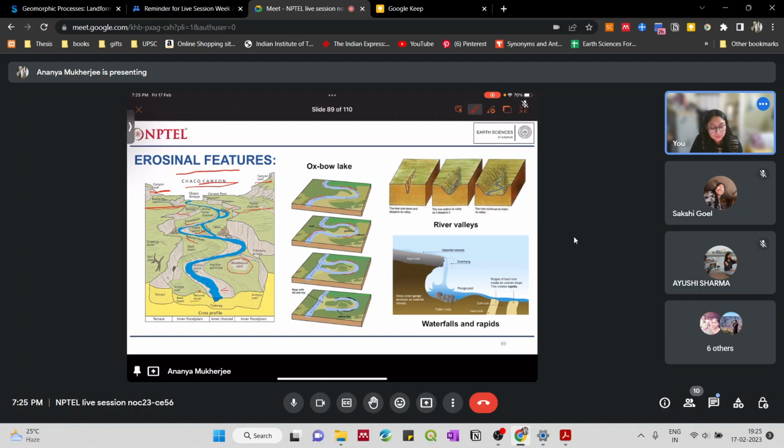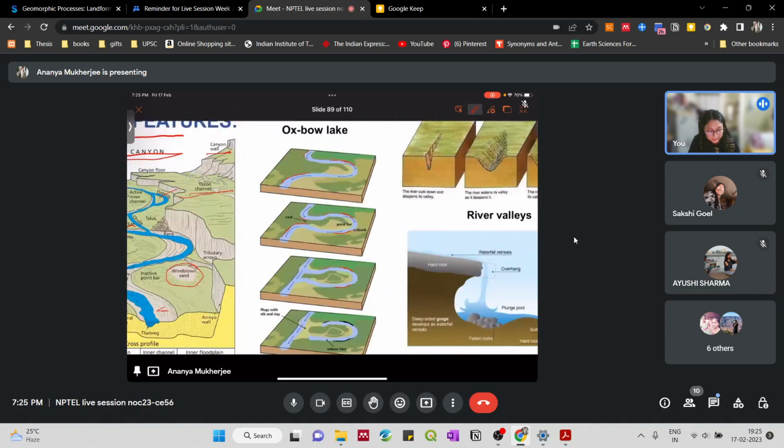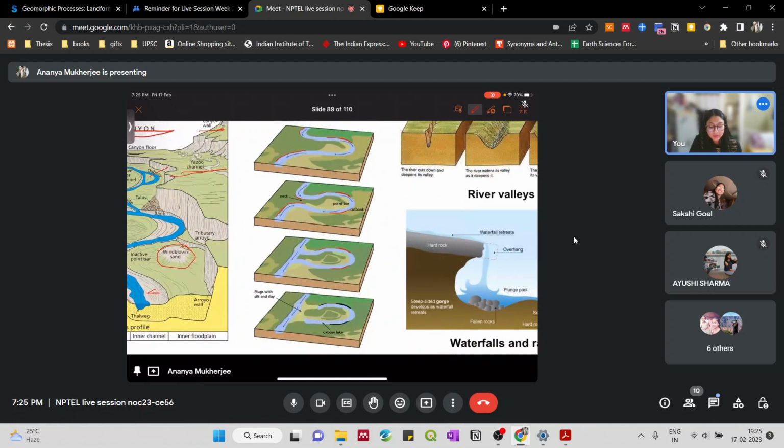At first the river is flowing as a meandering channel, and these are called the meanders. You can see that these red features over here are where the erosion is taking place.